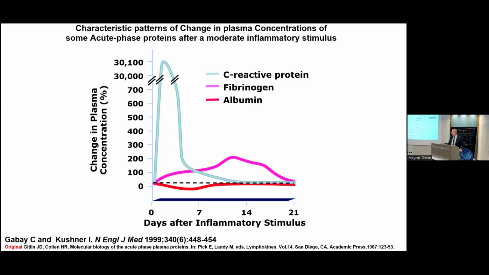While fibrinogen, as you can see, increases slowly and stays elevated for about 20-21 days. And again, the concentration of fibrinogen never goes as high as, for example, C-reactive protein. It just doubles, and that doubling of concentration is enough to cause all the problems it can cause.